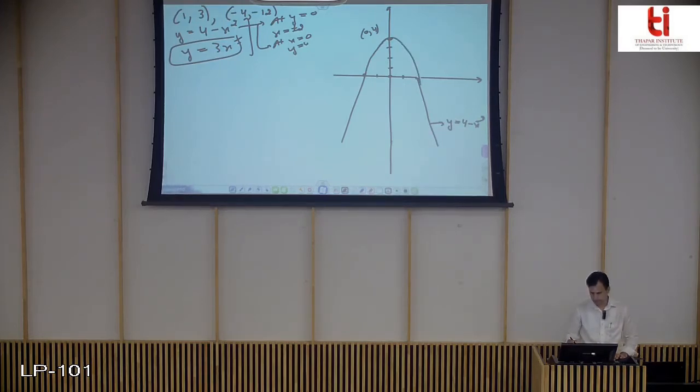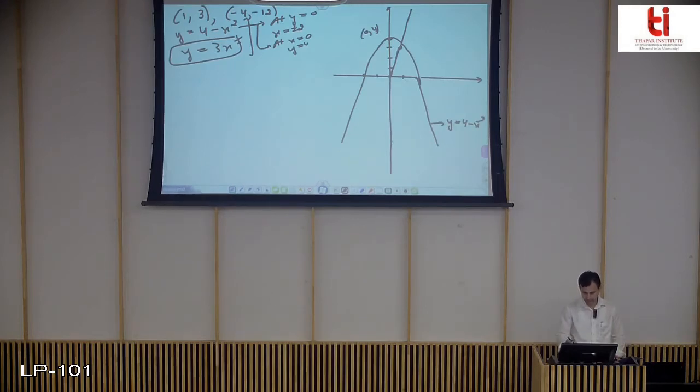Okay, that's fine. So at 1 it is 3. This is the line, and it will go like this. And the other points, the points of intersection, are (1, 3).